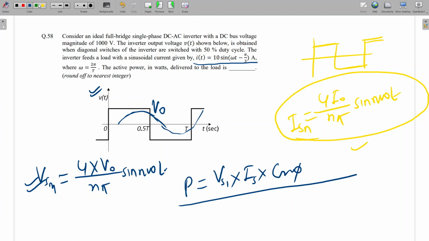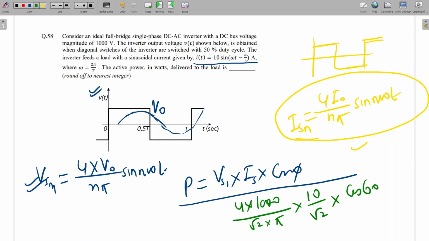So simple, just multiply Vs1 and Is. So what is Vs1? 4 into V naught, where this value is 1000. So 4 into 1000 divided by root 2 into pi, into Is. Is is 10 by root 2, into cos 60.